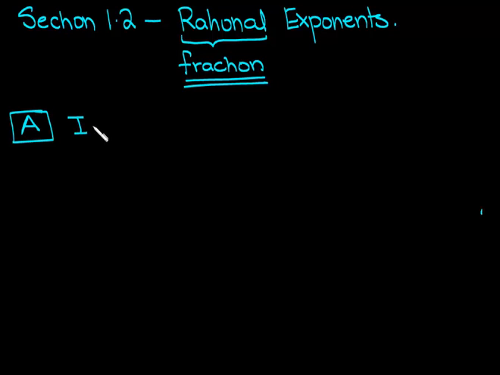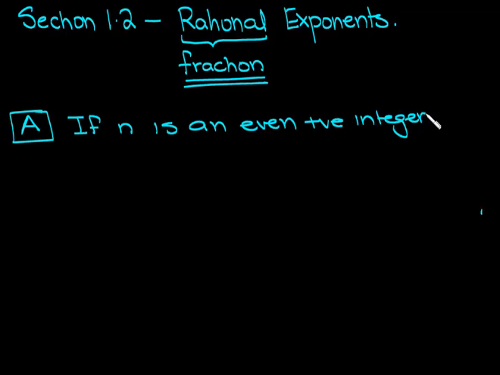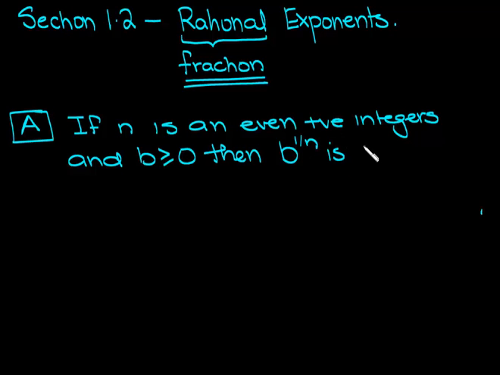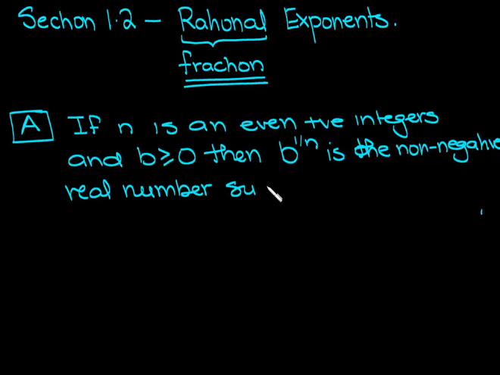We're going to say that if n is an even positive integer, that means it's a whole number, and b is greater than or equal to 0, then b to the 1 over n is the non-negative real number such that b to the 1 over n raised to n is equal to b. Okay, so that's one way to look at a rational exponent.